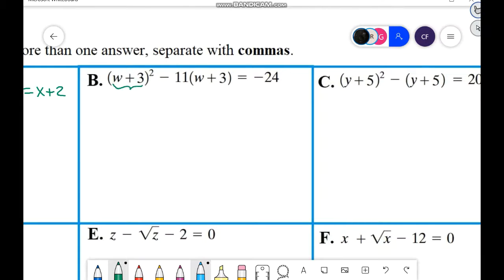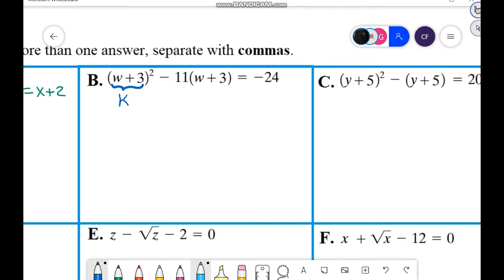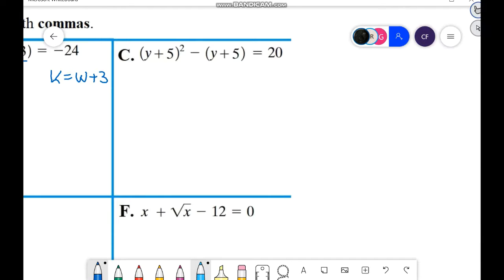Here again, w plus 3 and w plus 3, let's say this is k, so now we're going to use variable k equals w plus 3, substitute and find the answer. Letter C, same thing. Now it's y plus 5, y plus 5. You can use any letter, any variable. Let's stick here to u and k. U equals y plus 5.